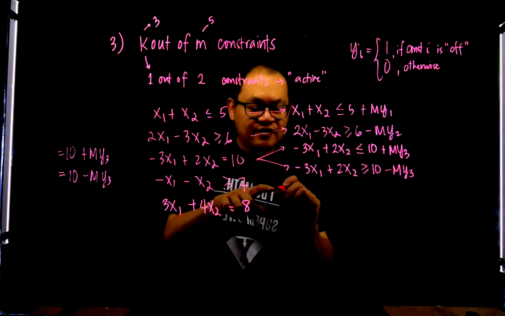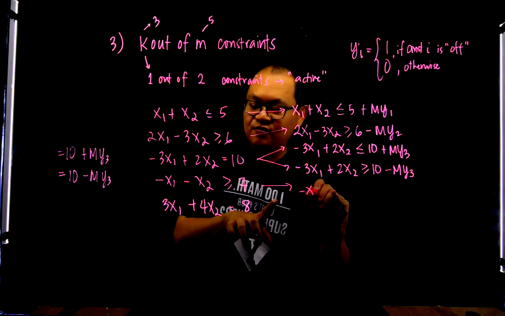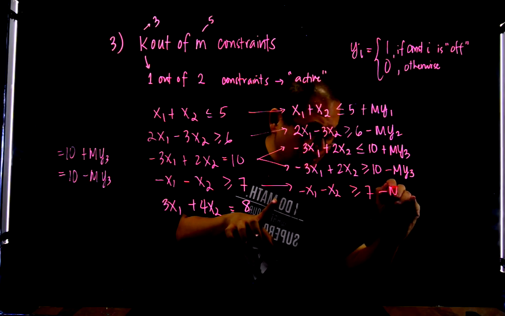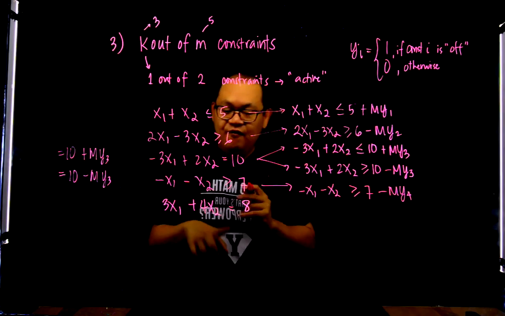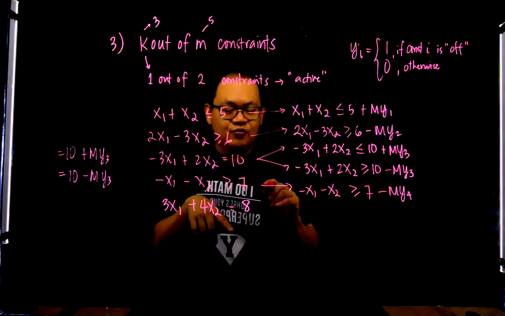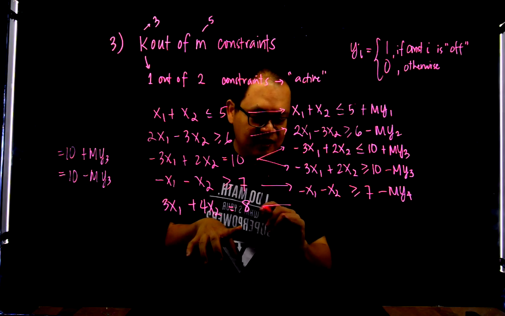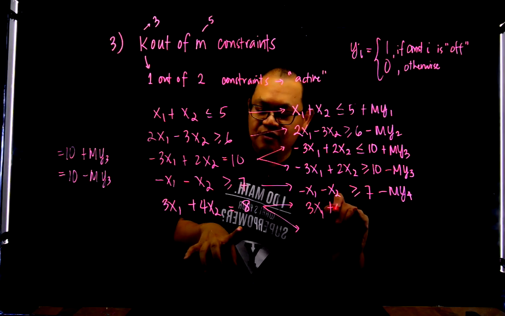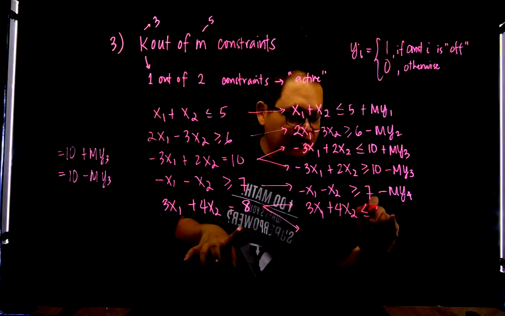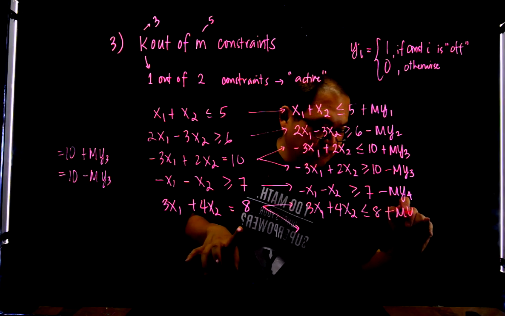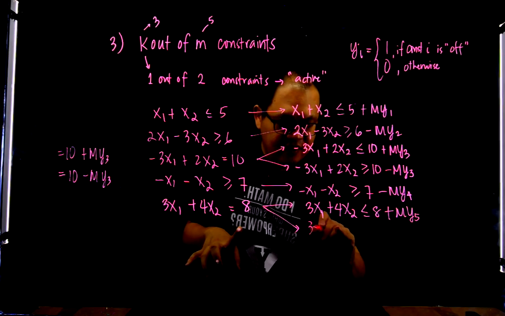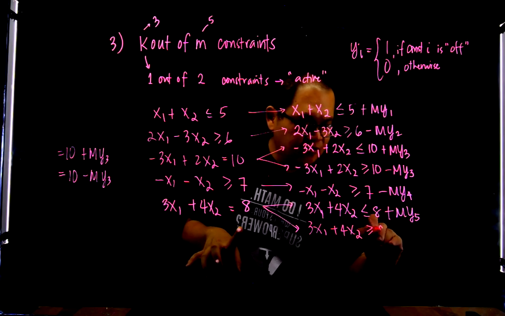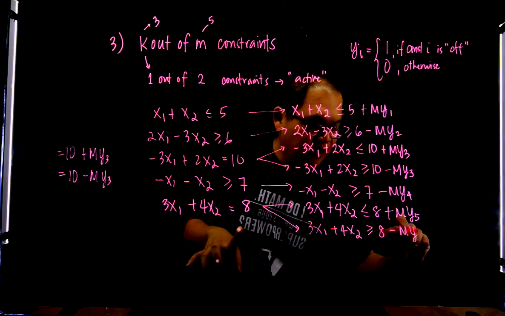For the fourth constraint, we just have negative x1 minus x2 greater than or equal to 7 minus M y4. For the fifth constraint, we have an equality constraint, so we split it into 2. We have 3x1 plus 4x2 less than or equal to 8 plus M y5, and 3x1 plus 4x2 greater than or equal to 8 minus M y5.